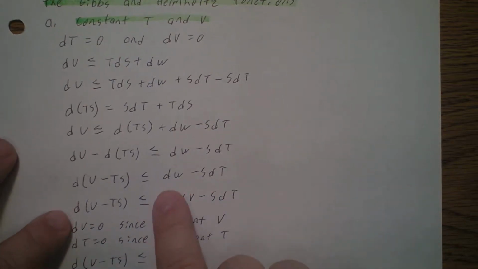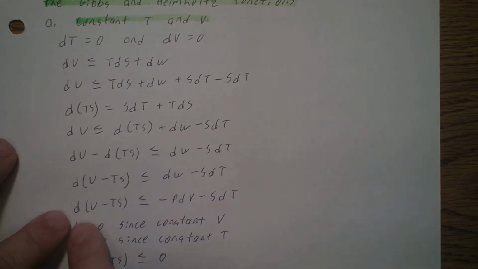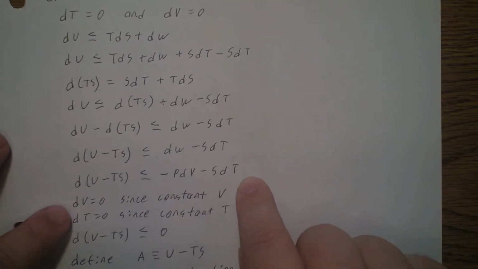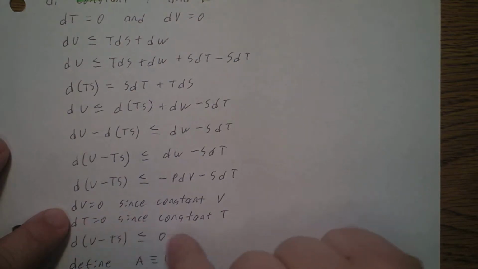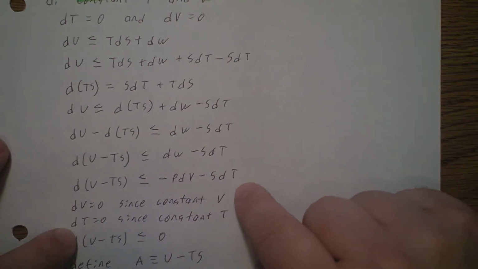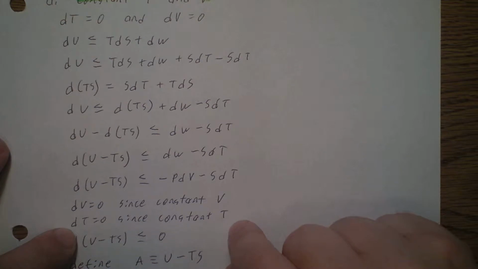Now remember, work, when we have PV work only, is minus PdV. So we have the differential of internal energy minus temperature times entropy is less than or equal to minus pressure times the differential of volume minus entropy times the differential of temperature. Now we said we're going to be at constant volume, so the differential of V is equal to 0. And we said we're going to be at constant temperature, so the differential of temperature is equal to 0.